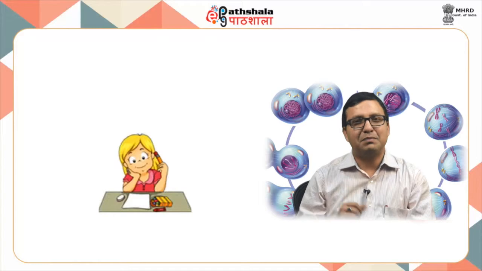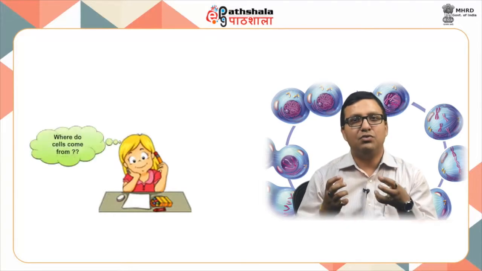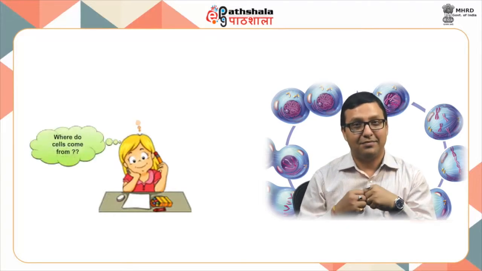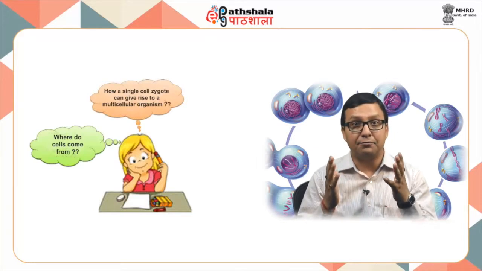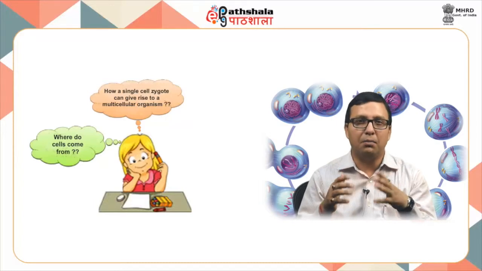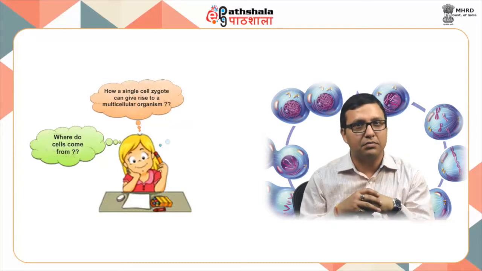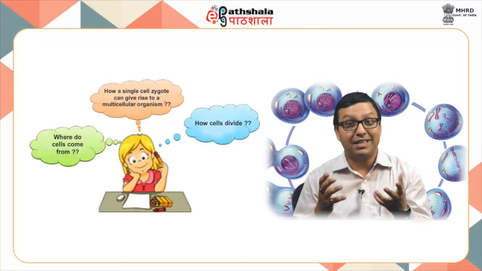You all must be wondering, where do cells come from? How can a single cell, the zygote formed by the fusion of sperm and ova, give rise to a complete multicellular organism? How does a cell divide?